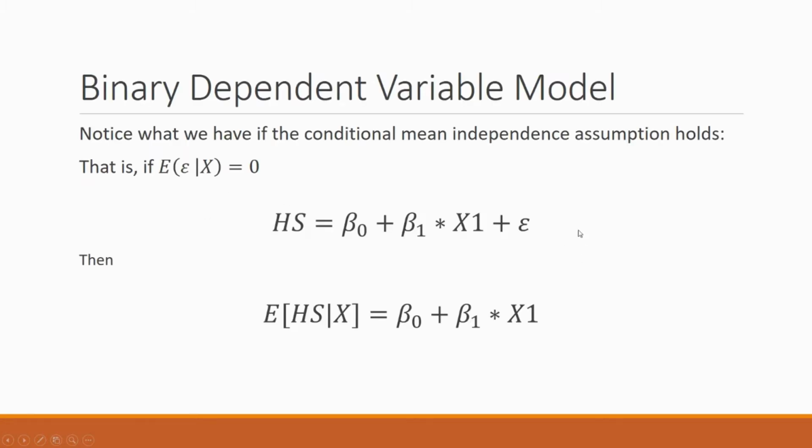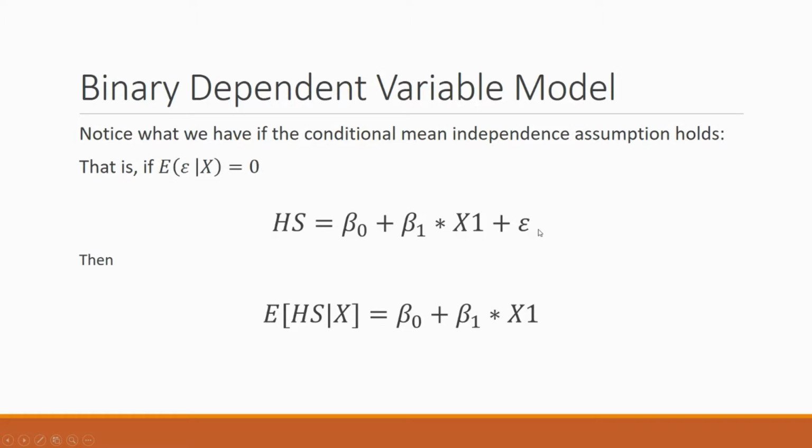All right, so this is the model we just had a moment ago. Now remember our conditional mean independence assumption. We know that the expected value of epsilon conditional on the independent variables is equal to 0. So here's our model.